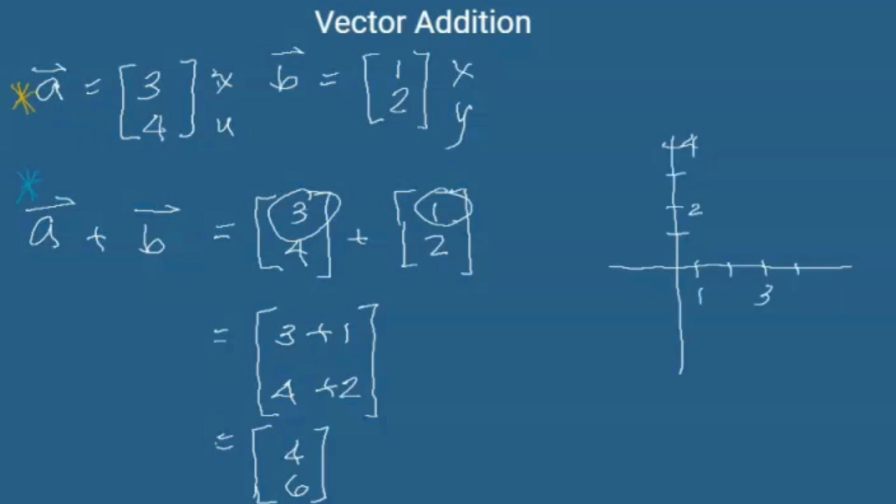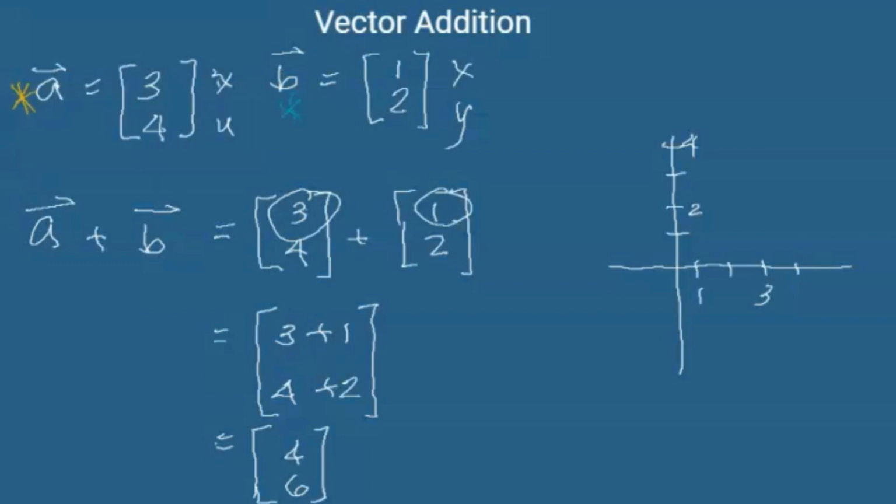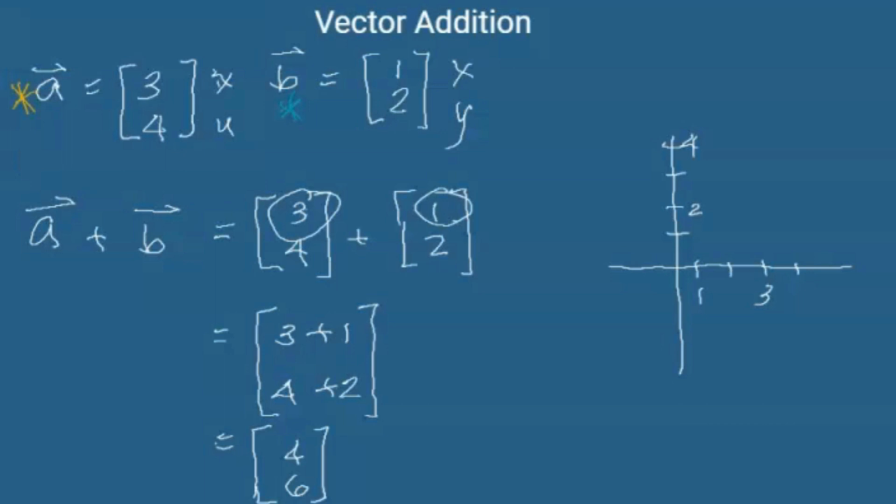So let's denote vector A as yellow and vector B as the blue one. So this is B. So let's graph first vector A. So it's a 3, 4. Okay, so let's connect that.